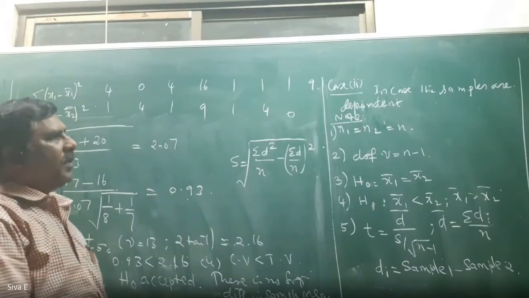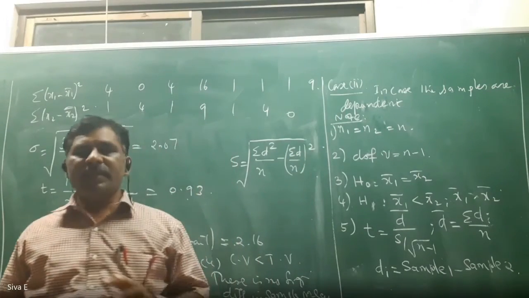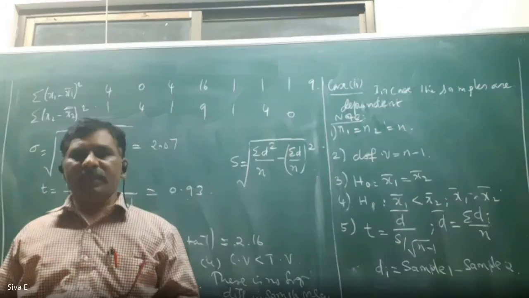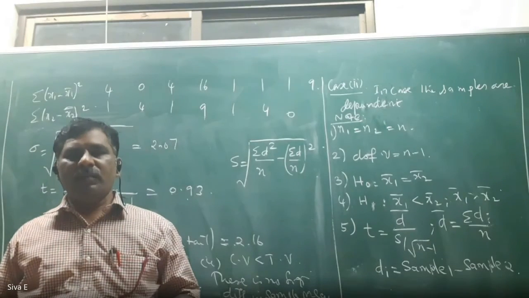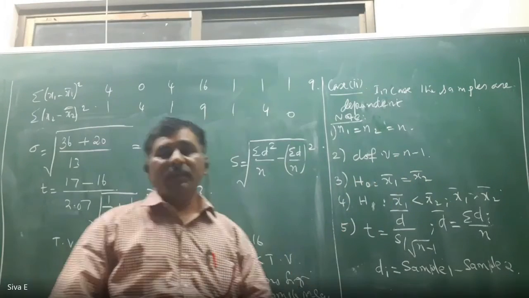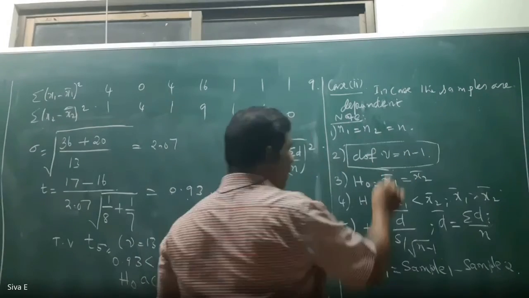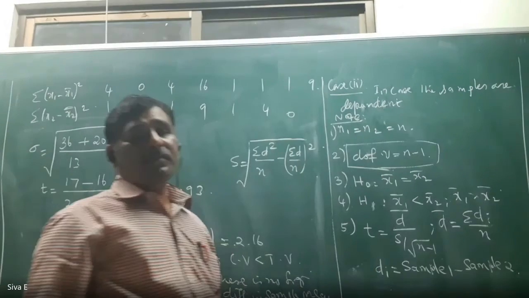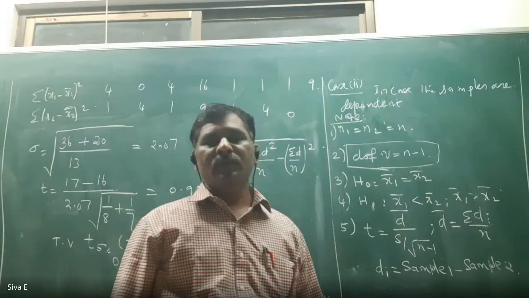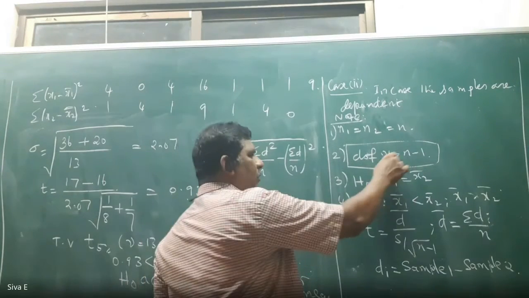So what are the important points for the dependent sample? You have to remember the sample size is always equal for both the samples. Second one is degrees of freedom. Most of them make a mistake in this point, because if there are two samples, usually they take nu1 plus nu2 minus 2. But for the dependent sample, nu equal to n minus 1.